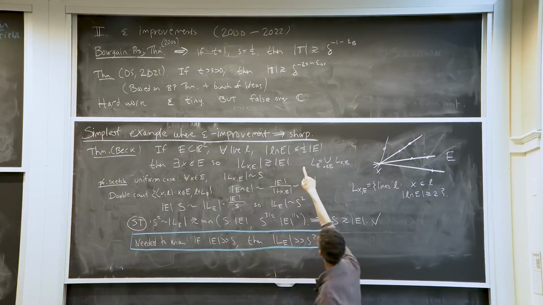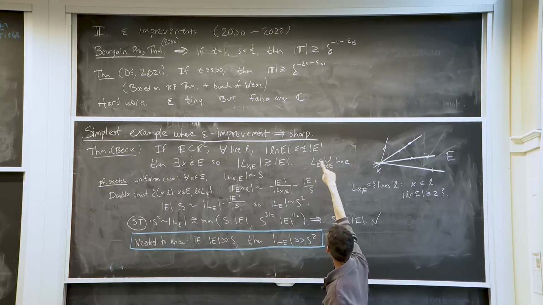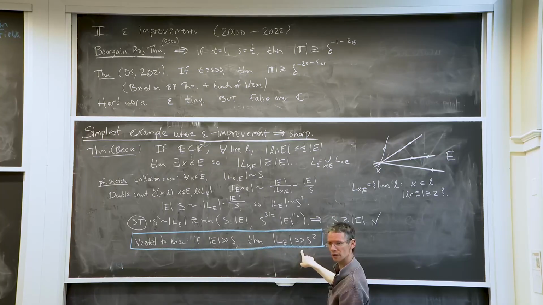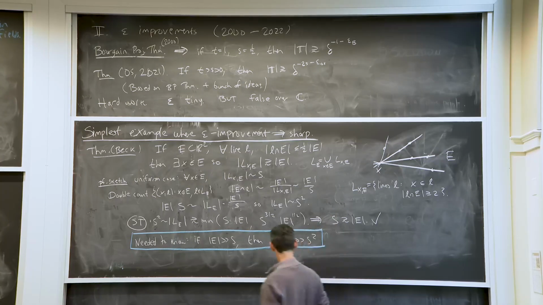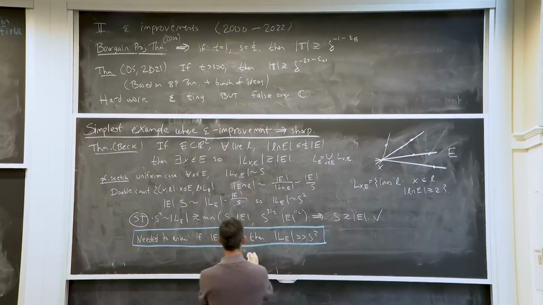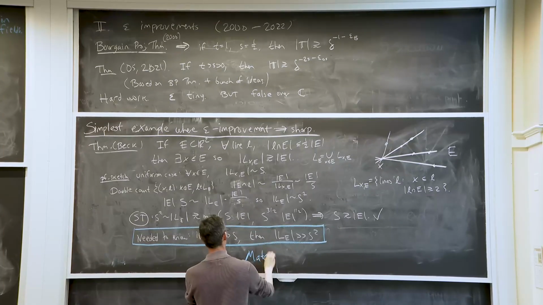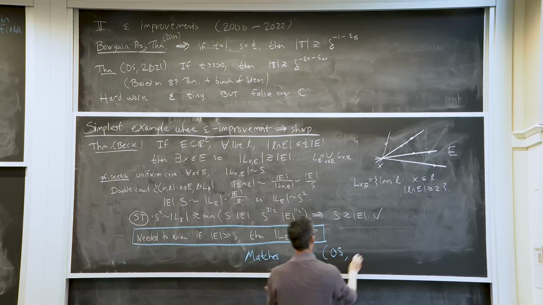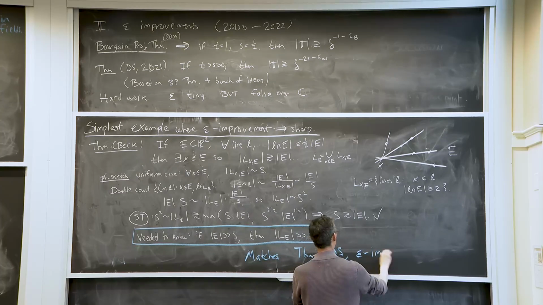And then the conclusion is that the number of lines is much bigger than S squared. That thing is this thing. Okay. So this matches the theorem of Orponen-Shmerkin, the epsilon improvement theorem.